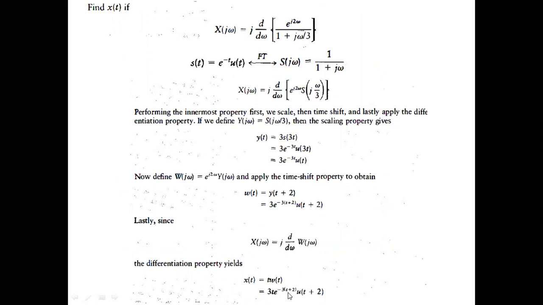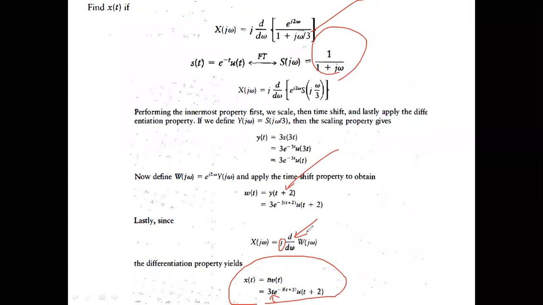So there is our answer. This t we introduced is due to the differentiation in the frequency domain. J did not appear because it was already on this particular side. So the properties are: the time scaling property, then a ready template, then the time shift property, and finally the differentiation in the frequency domain property.